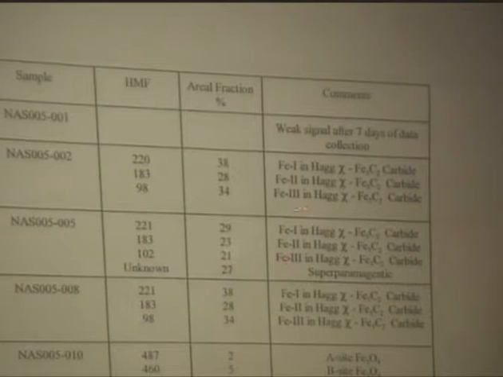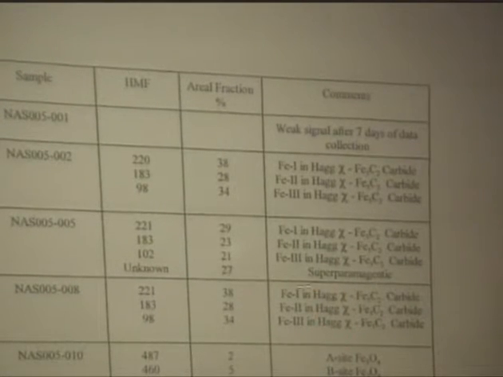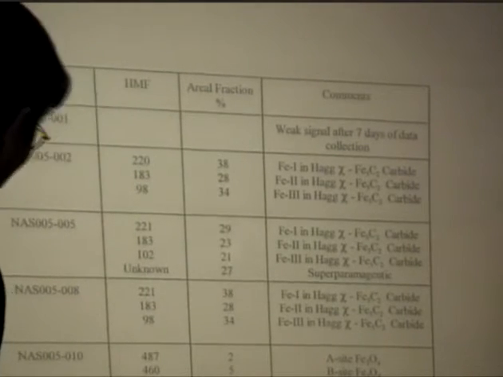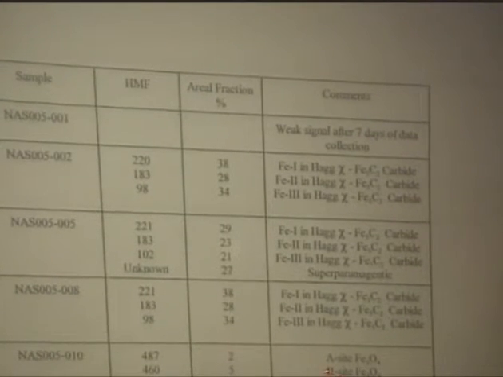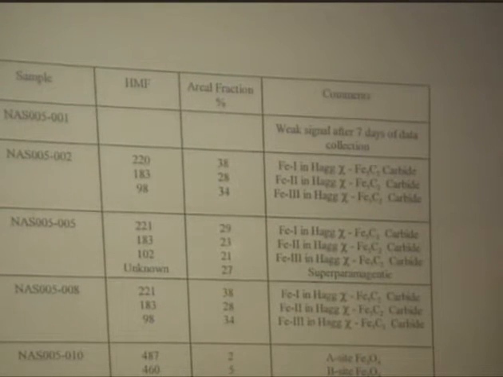We still get 100% of carbides here. That's 91 hours reaction. Still, the carbide is stabilized there, almost 100% here. Only after 120 hours of reaction do we start to get magnetite here. It's around 7%, still very low.